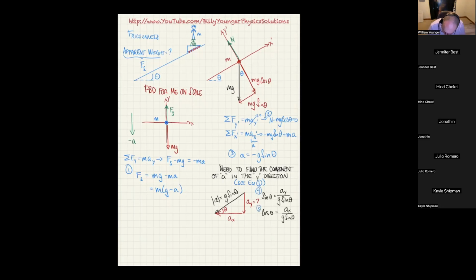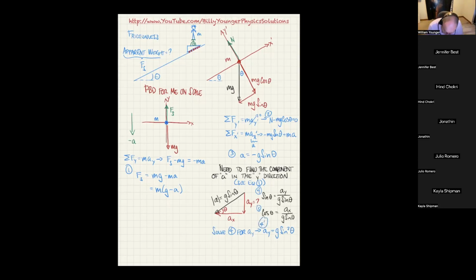I'll call this one 5 just because I don't feel right about not calling it something. Okay, so now I will solve for a sub y, and when I do that, I get a sub y is equal to g sine squared theta. Everybody see that? I will call this equation 4 prime.